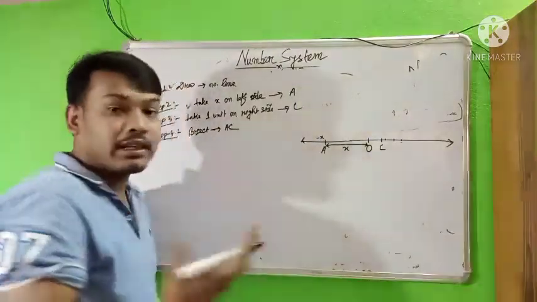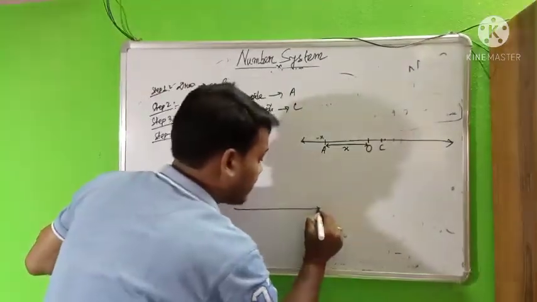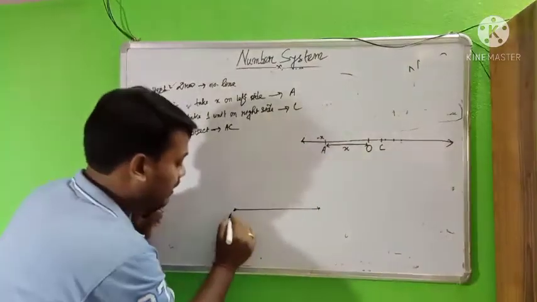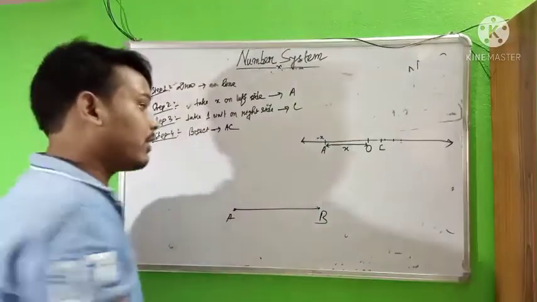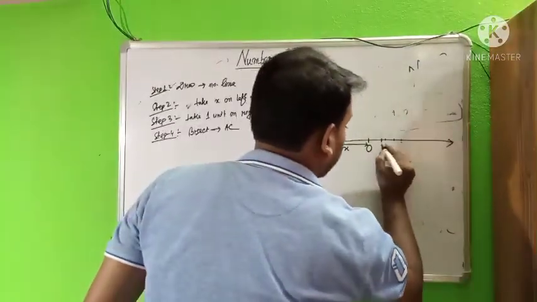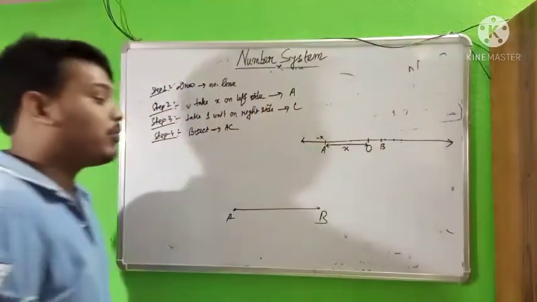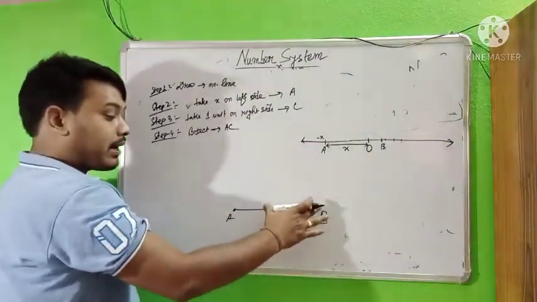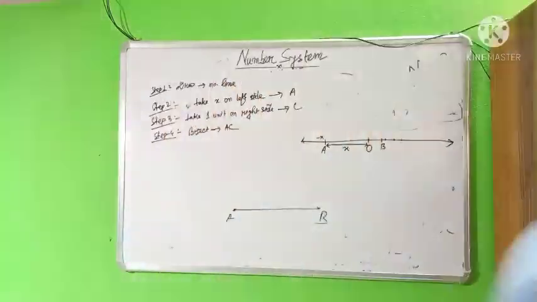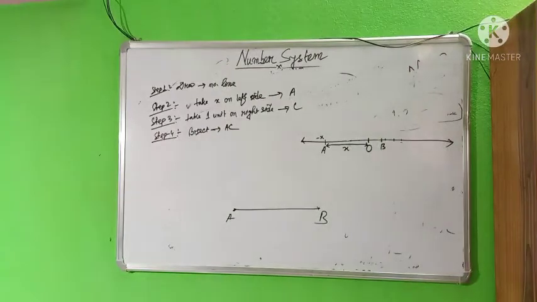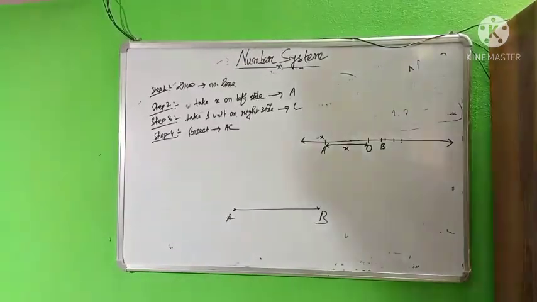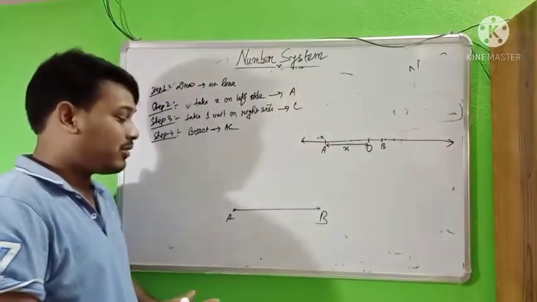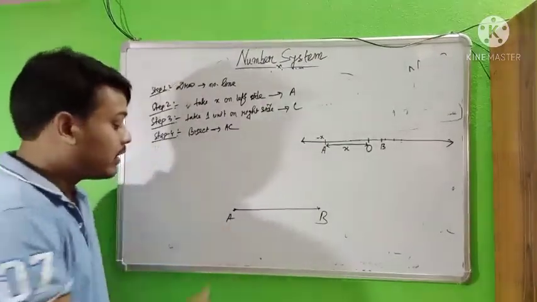Everyone knows how to bisect a line. If it is AB, how do we bisect AB? I don't have a compass with me, so by hand I will show you.